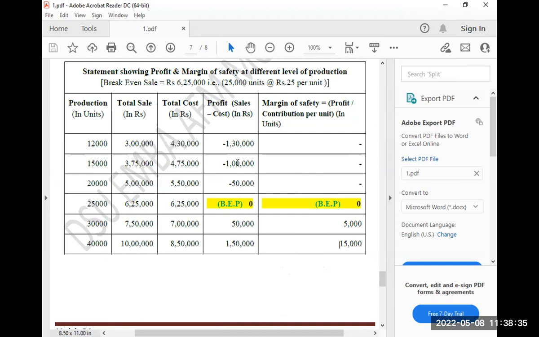Now to prove this, let us take a statement. Take the income statement, within brackets, for break-even point. We already found out the break-even point in units as well as in rupees. Now we are going to check.